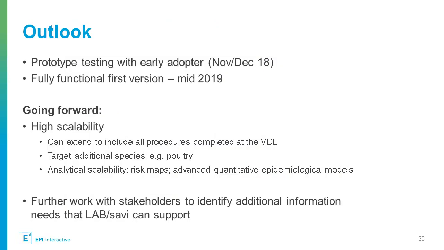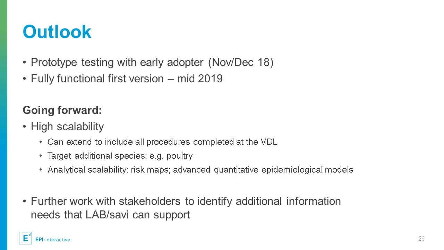Outlook: it's under active development, and we're planning prototype testing a bit later in the year with early adopters. The fully functional version, with genetics and the susceptibility testing, is planned towards mid-2019.